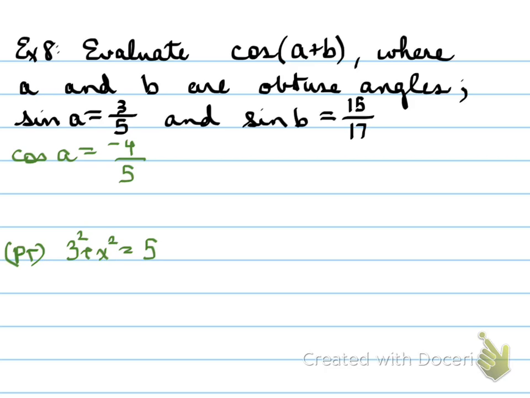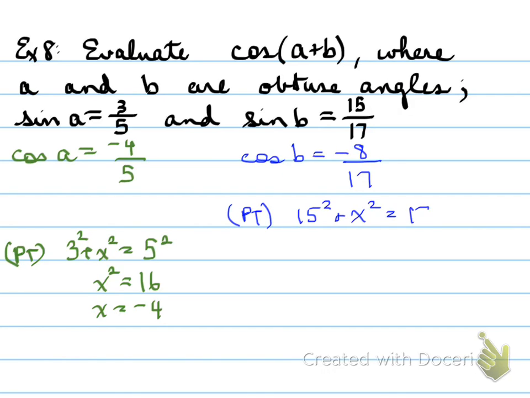So we get that x is equal to plus or minus 4, but we want the -4 because, again, we're looking at obtuse angles. Now we find the cosine of b, and we find out, using Pythagorean Theorem, that the value is -8.